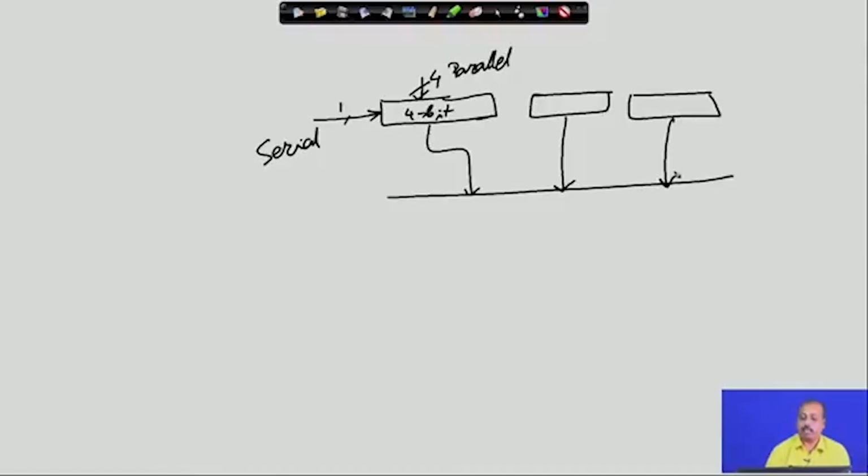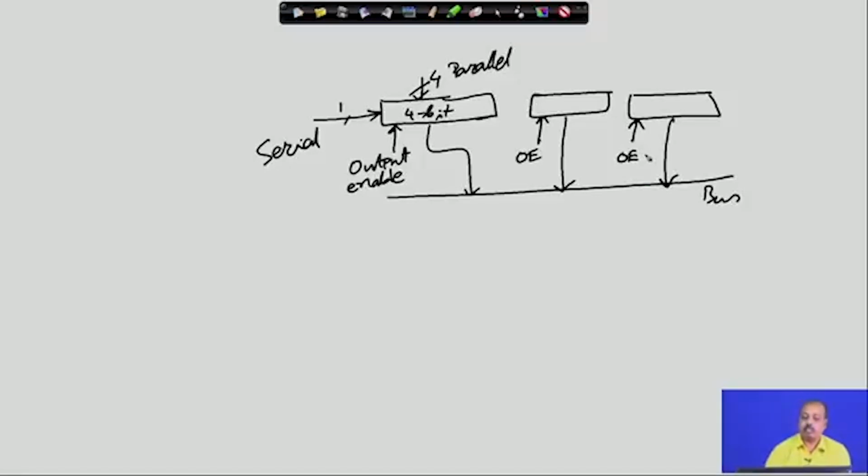For that purpose, these registers should have another control, which is output enable, and when this output enable signal is given, only then the output of the register is available onto the bus. So, this is the bus. Similarly, this has a separate output enable line, this also has a separate output enable line, and whenever the control is given, only then the output should be available on the bus, otherwise not.